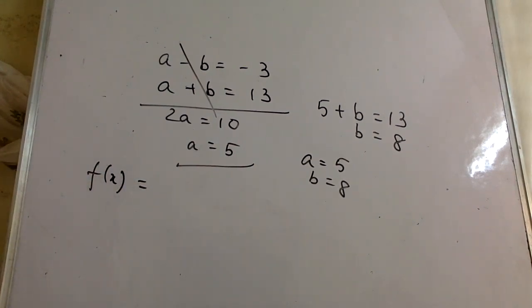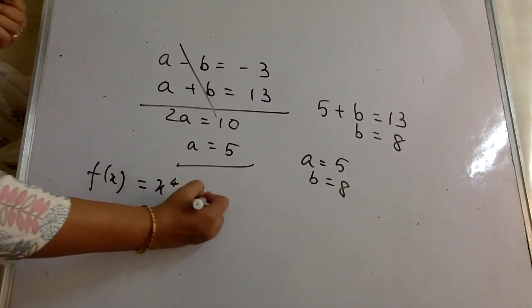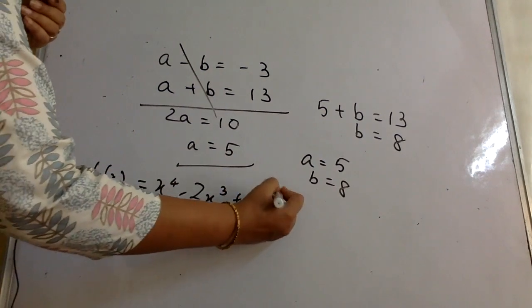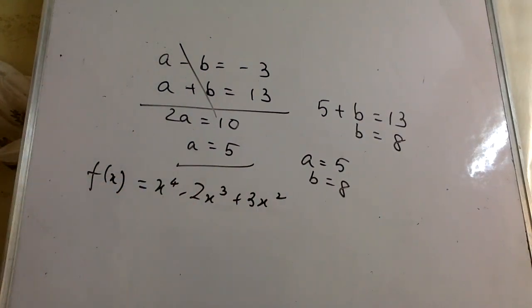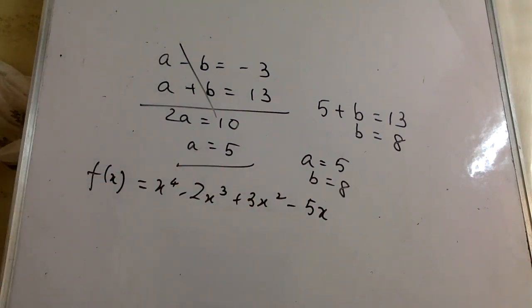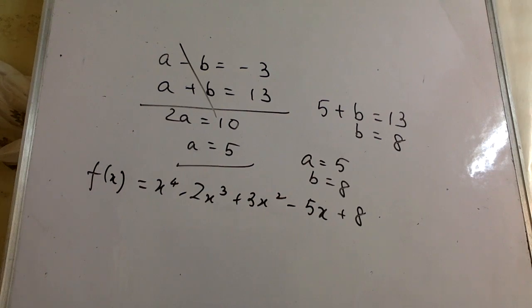So what you have to do, x to the power 4 minus 2x cube and then plus 3x square, and then you are going to put the value of a, which is 5. So it is minus 5x, plus 8.